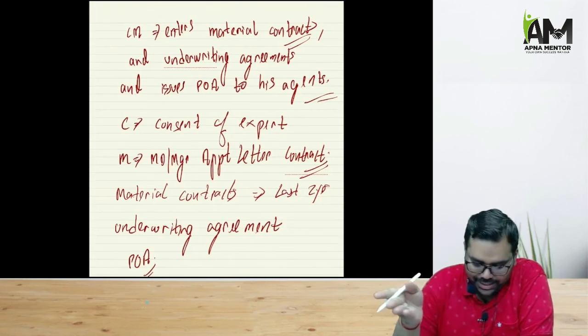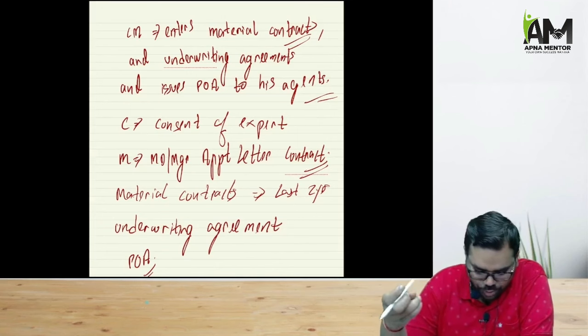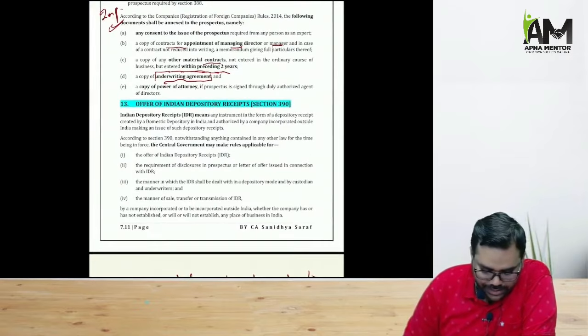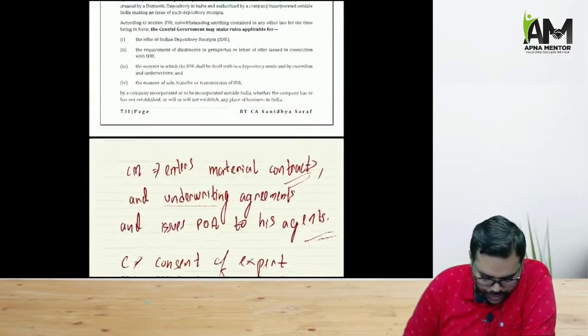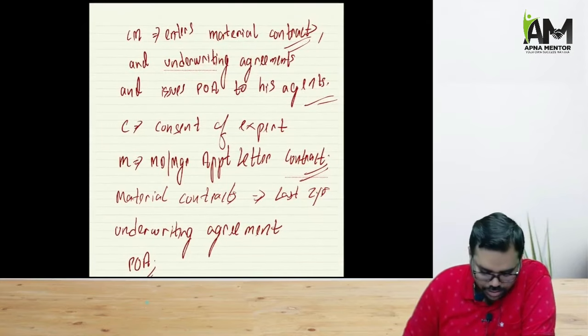M for MD manager appointment letter. Then M for one more point, material contracts entered in the last 2 years. P for power of attorney. Only that underwriting agreement thing is not coming.